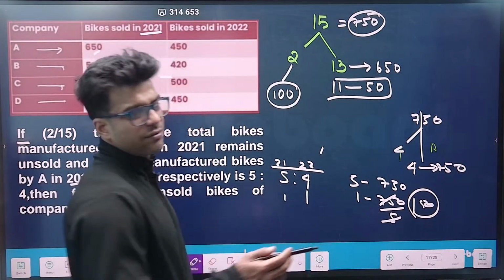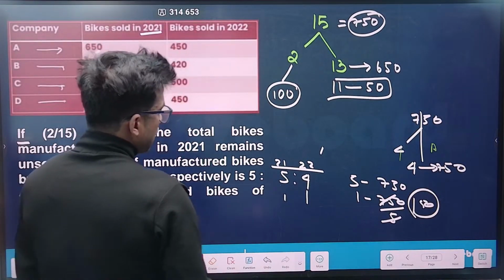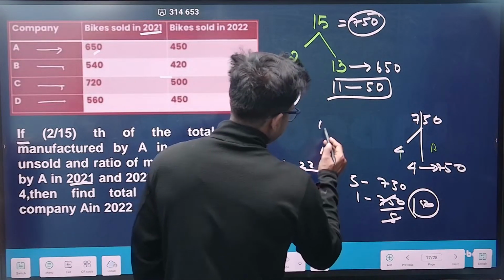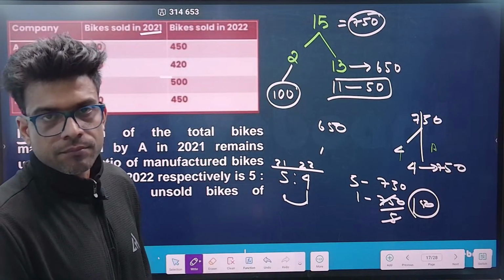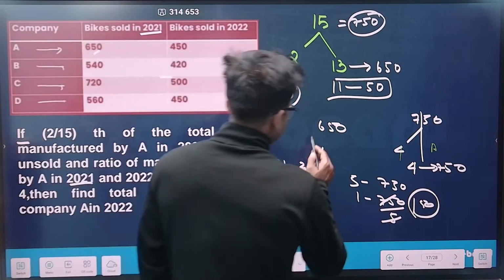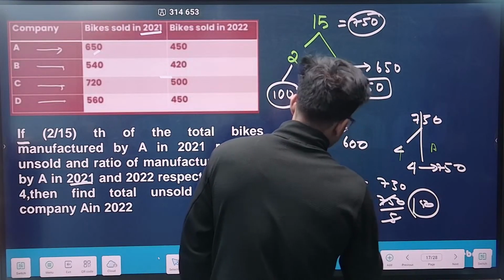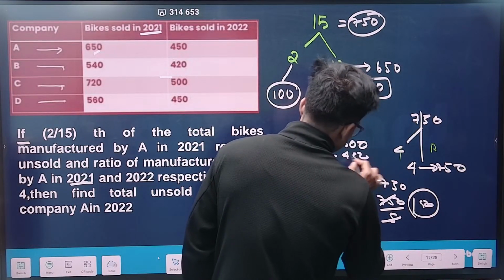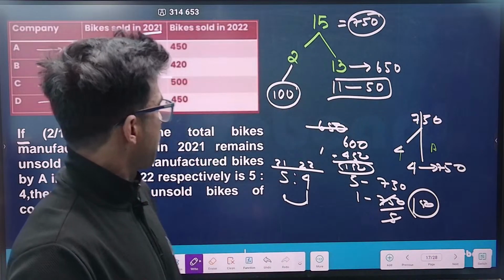Now see everyone, it's very easy, you can answer now. So the unsold bikes would be how much? Sorry, 600 minus 450, which is 150. Understood? Please say.